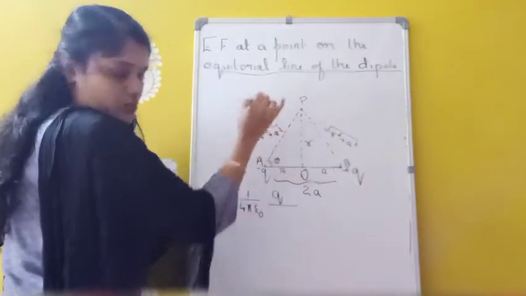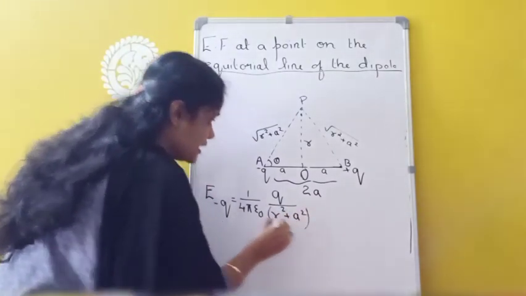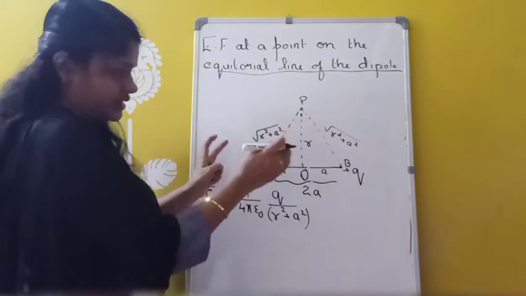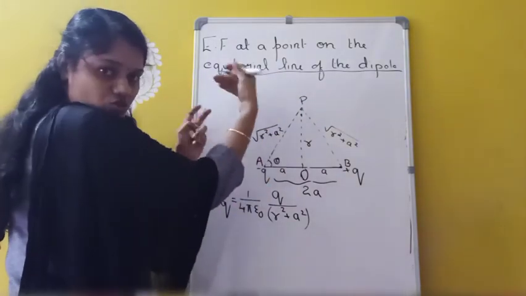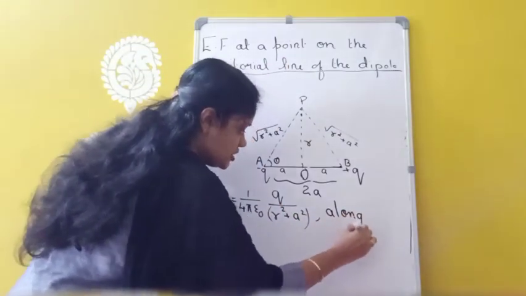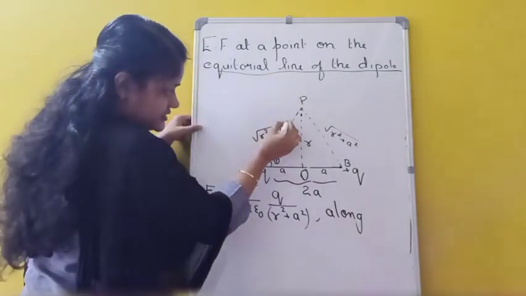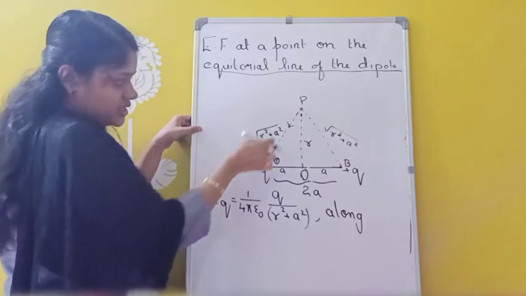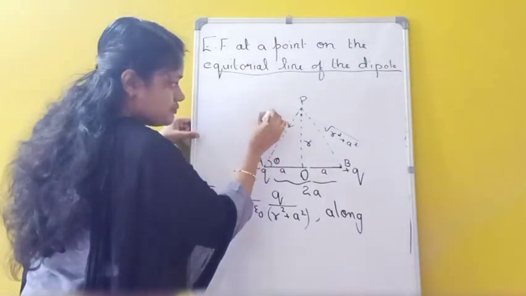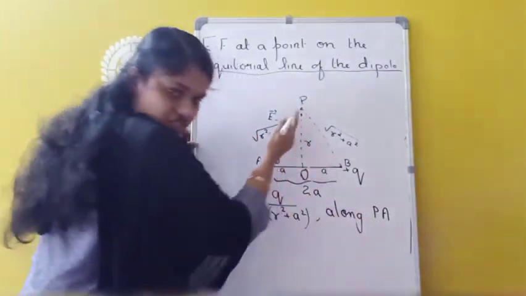That means the root will go, so R square plus A square, the distance of point P from minus Q charge, whole square. It is acting along which direction? Since it is a negative charge, it is acting inward, that means along PA. So E minus Q is acting along PA towards the negative charge.